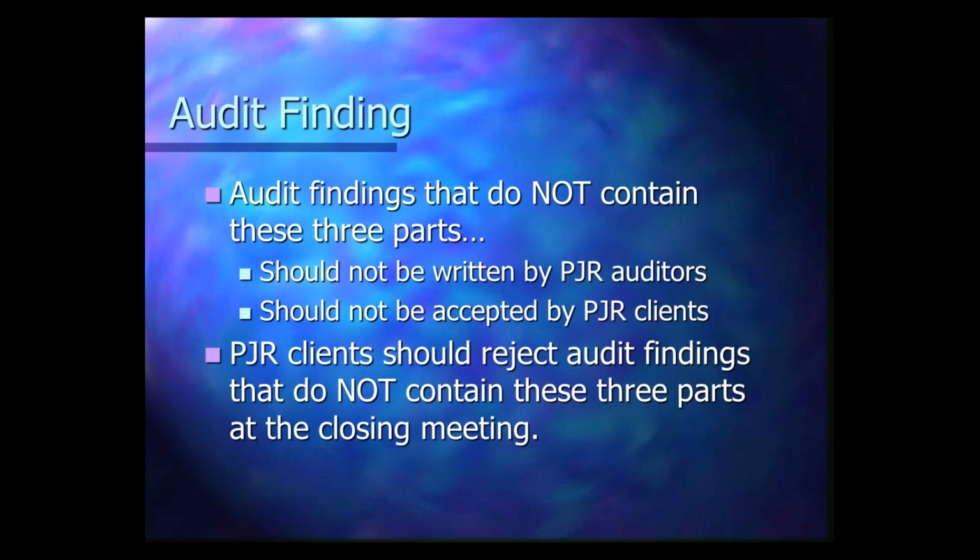If our auditors do not present clearly written findings with these 3 component parts, I would ask the auditor to rewrite them. And if any PJR auditor gives you difficulty about this, please call me directly. Findings such as this should be rejected by PJR clients in the closing meeting, and our auditors should be rewriting them.